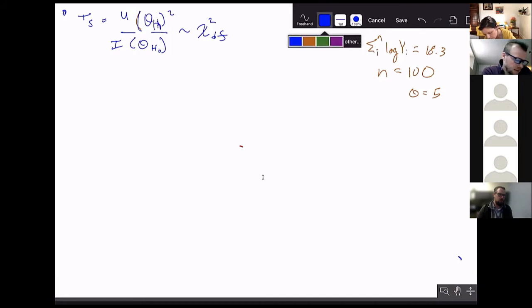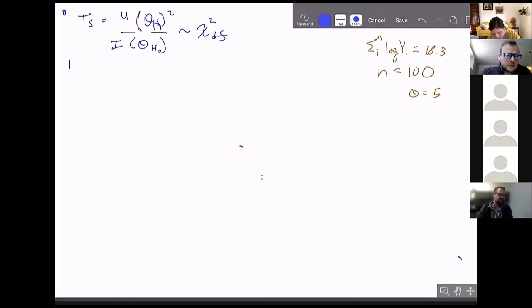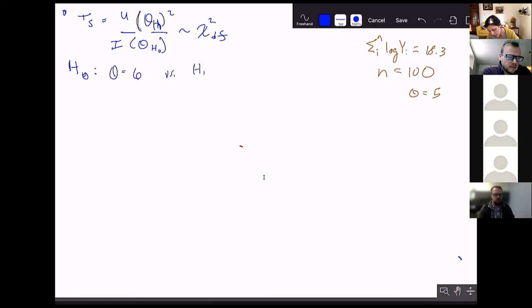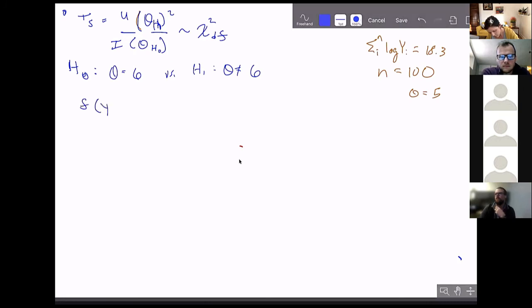For the null hypothesis, I'll put a different one in. Let's say that we want to test the hypothesis that theta equals 6 versus theta is not equal to 6. As part of that, we have the distribution of the data, which is Pareto, which looks like this.